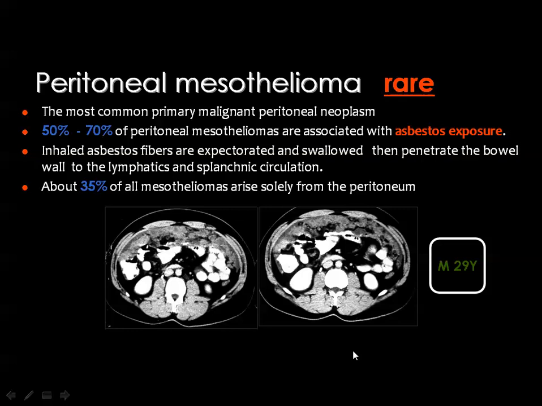About 35% of mesotheliomas can arise solely in the peritoneum. But in some cases, you can see mesothelioma in the pleura extending through the pleuroperitoneal recess into the abdomen, or there is an associated location of the tumor in both the chest and the abdomen.